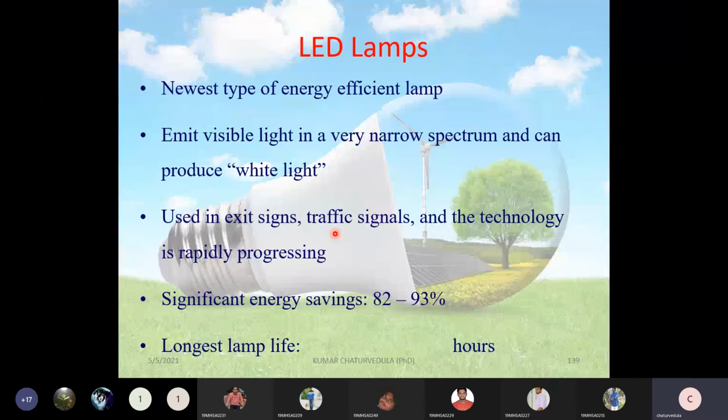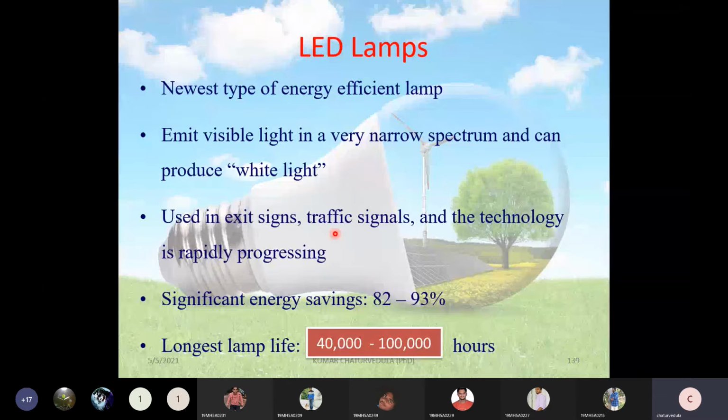Why? Because of the longest lamp life hours. As we have seen, in the case of an incandescent bulb, they are 1,000 hours. In the case of CFL bulbs, they are 10,000 hours. Now, in the case of LED bulbs, they are in the range of 40,000 to 1 lakh hours.